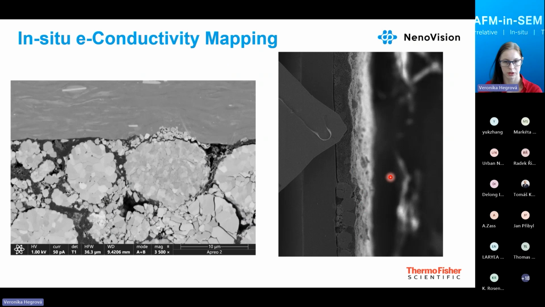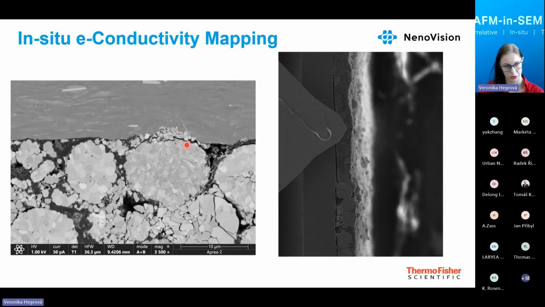So from the top view of SEM, we can see the collector, the cathode tape, which is quite a thin film, and over here is already the surface of the tape and air or vacuum. And on the top, we see the tip.